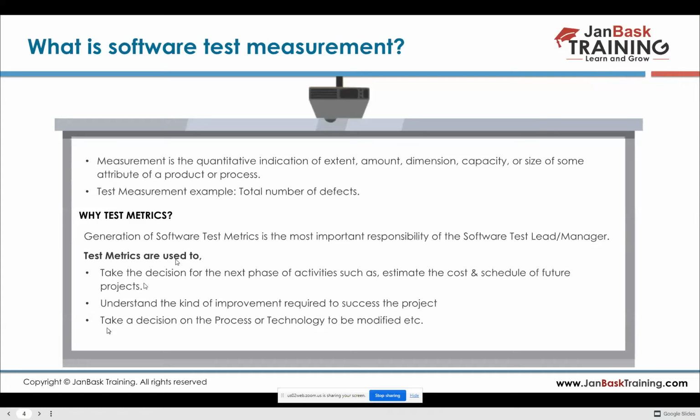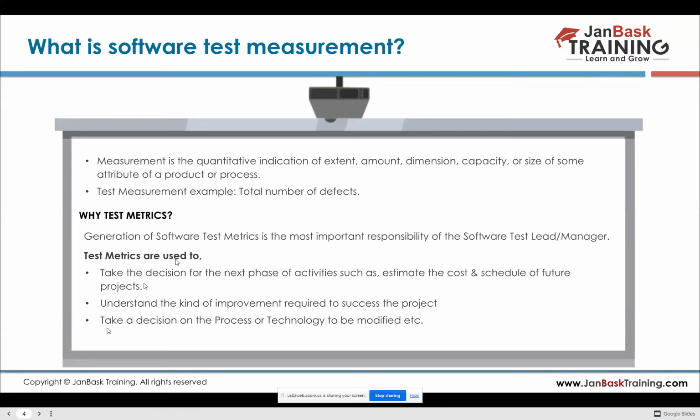Now the management, the test lead or the test manager, will see from this test metric that this many bugs are getting marked as invalid, right? So what's the reason? Then an audit will be performed, and the test team will be asked why this many bugs are getting marked as invalid. So is there a gap in the understanding, whether the test cases are correct, right?